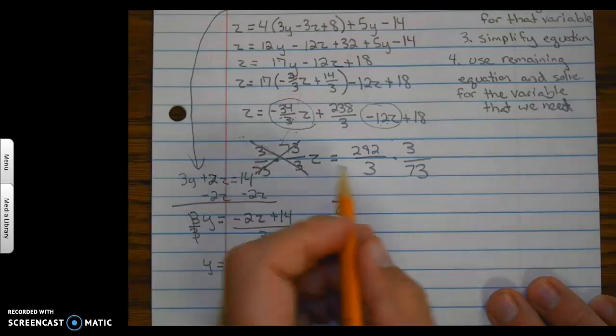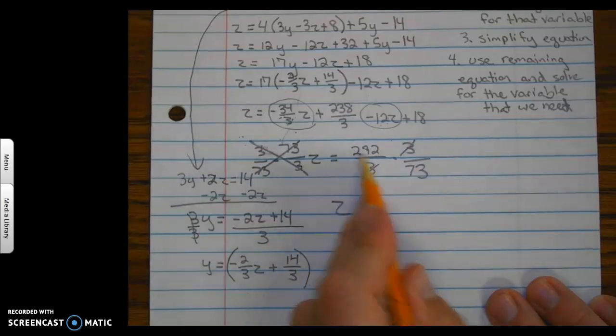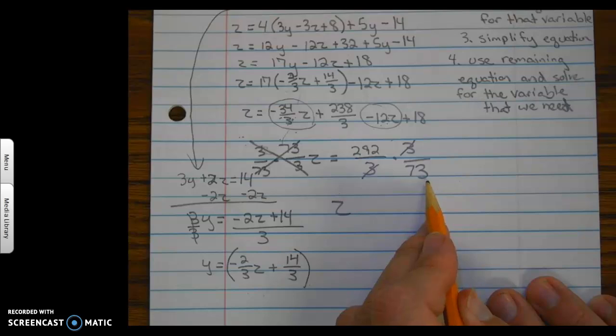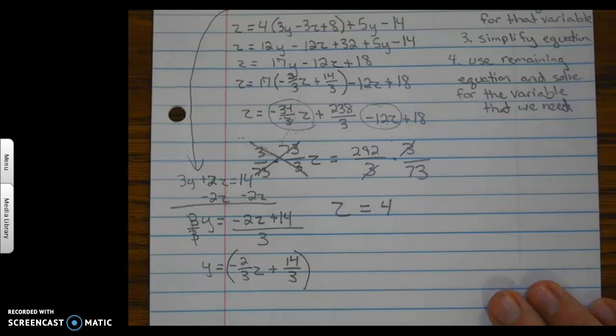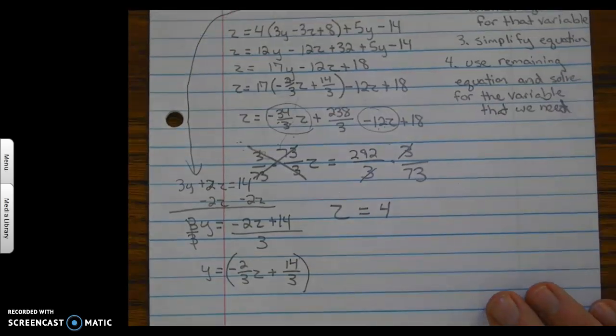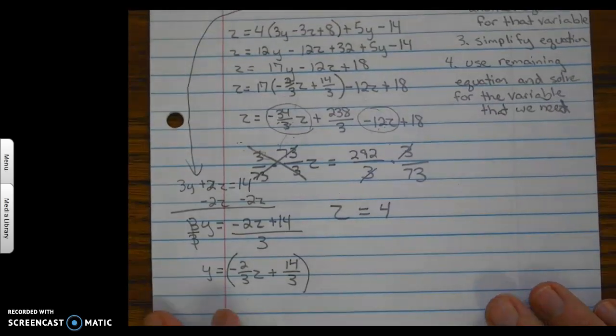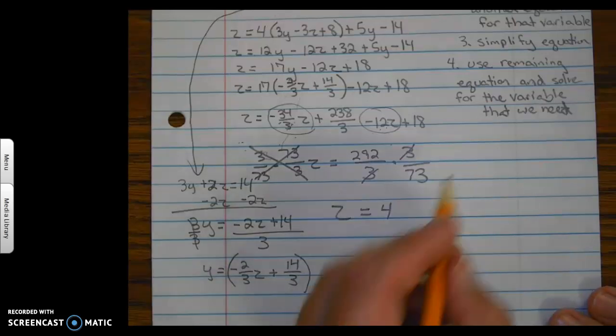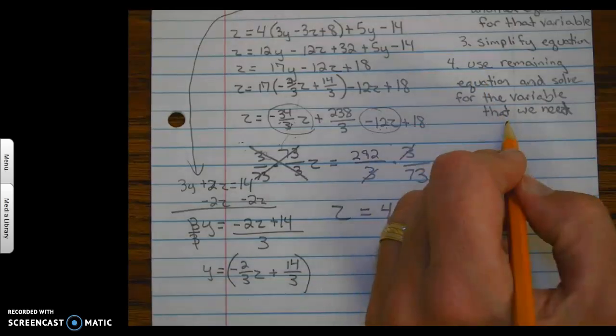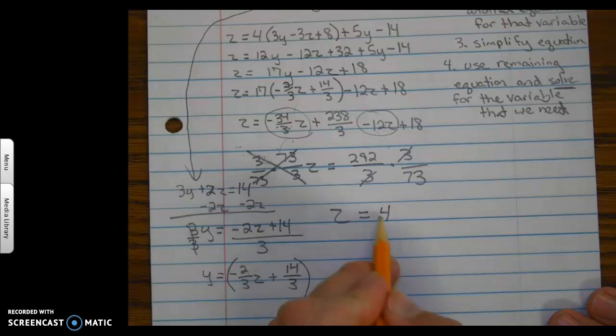And then basically the 3's cancel. 292 divided by 3 is equal to 4, believe it or not. Nice, pretty number. Okay, now that we've done the difficult part. So here, and we're solving, and we just solved it.